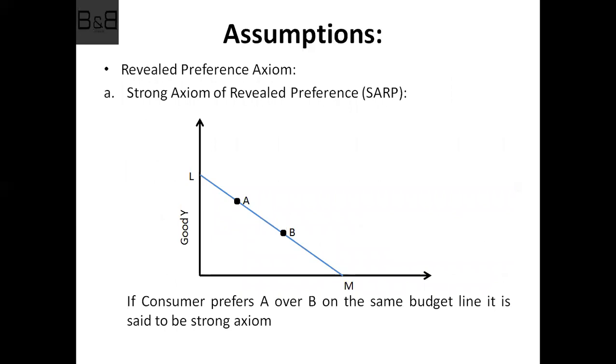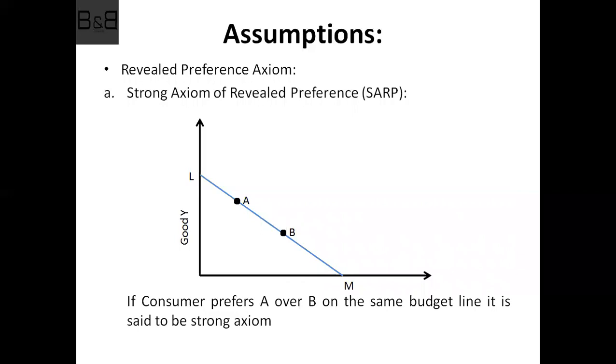Number five, revealed preference axiom. RPT theory has explained two different axioms of revealed preference. The first one is the strong axiom of revealed preference, with the acronym SARP.